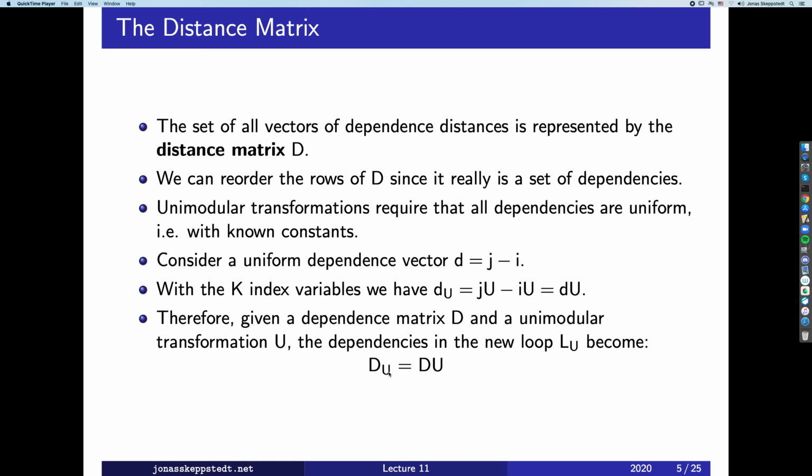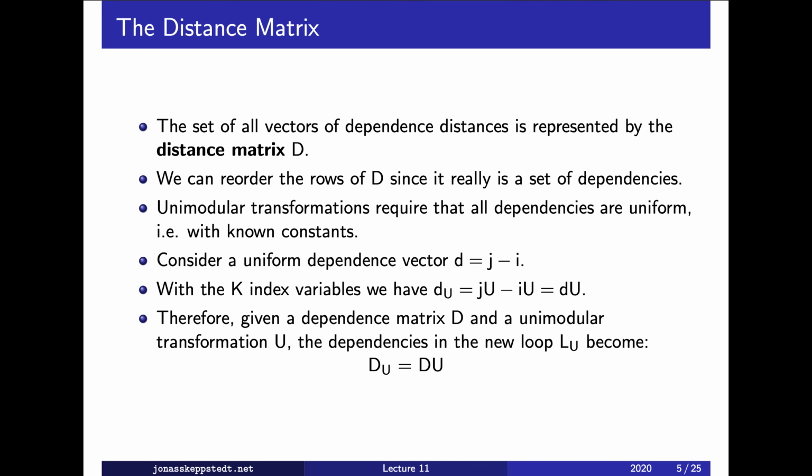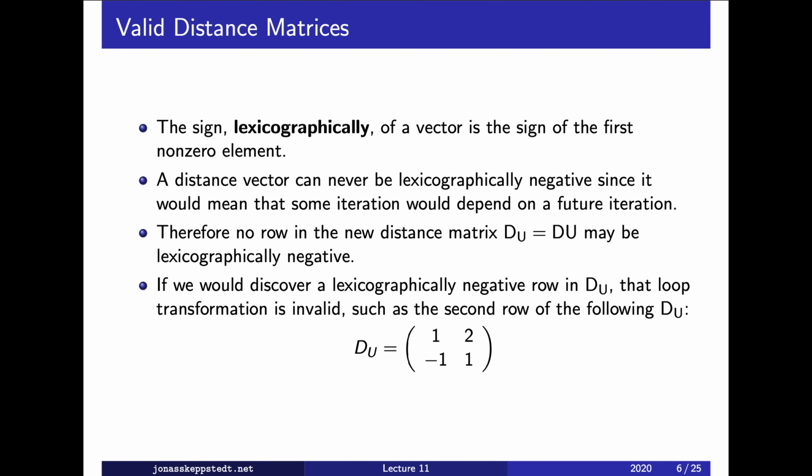Okay, what can we say about this matrix? Can it look like anything, or are there certain rules? There certainly are certain rules, namely that if we look at each distance vector, the first non-zero element must be positive.